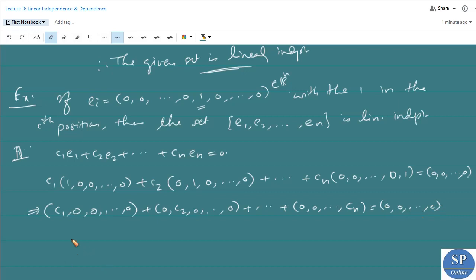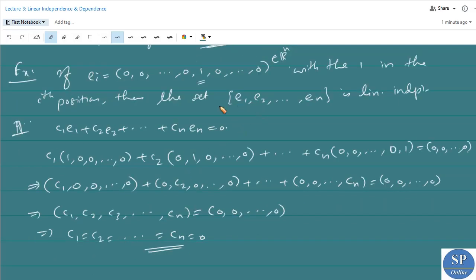So adding the left hand side, we get (c1, c2, c3, etc., cn) is equal to (0, 0, etc., 0). So that implies c1 equal to c2 equal to etc. cn is equal to 0. So this linear combination is equal to 0 implies each scalar is equal to 0. So the given set of vectors is linearly independent.